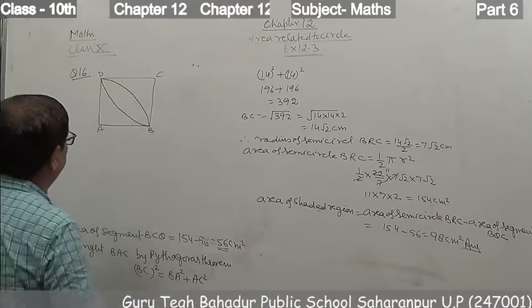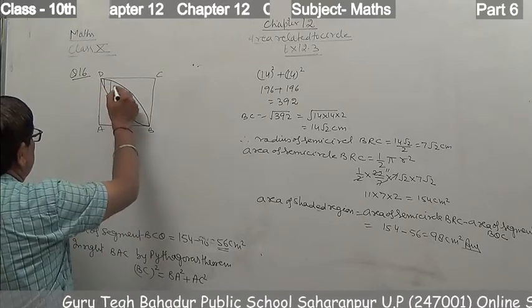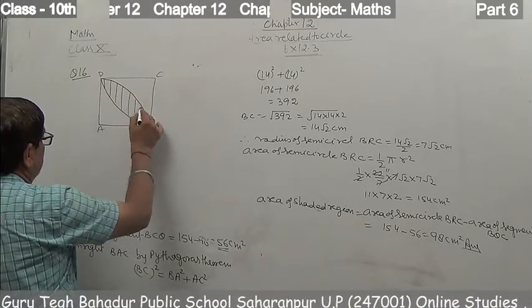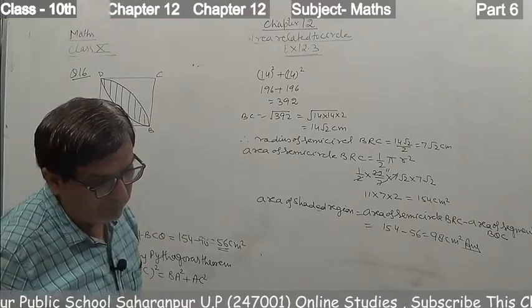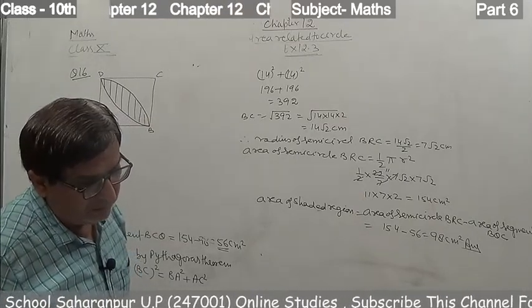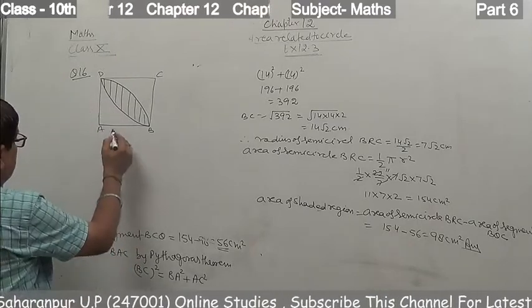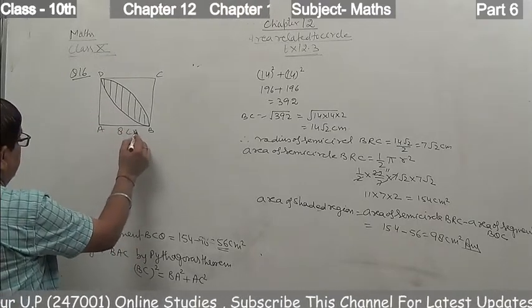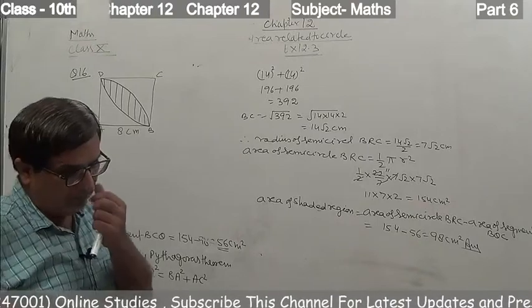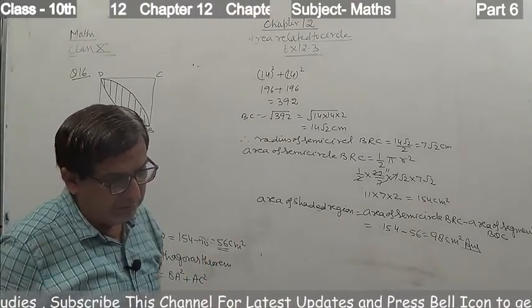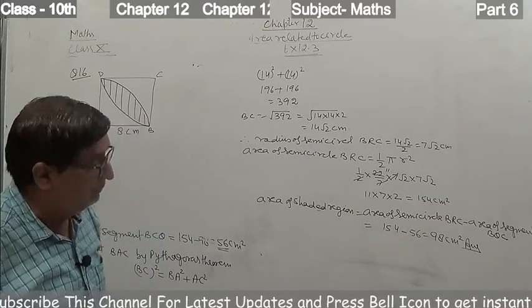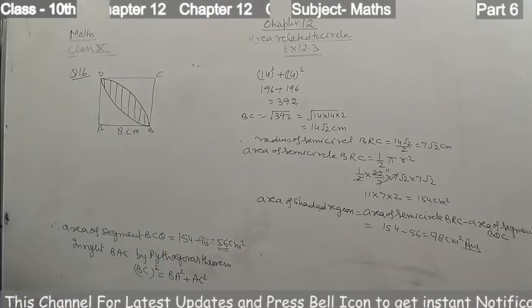This is the shaded part. Given that the side of square is 8 centimeter, find the area of shaded region. So how to find out?